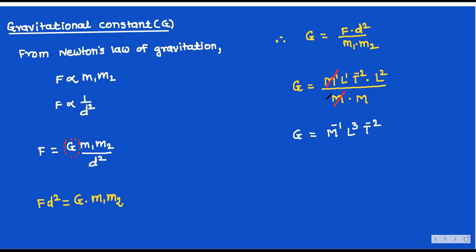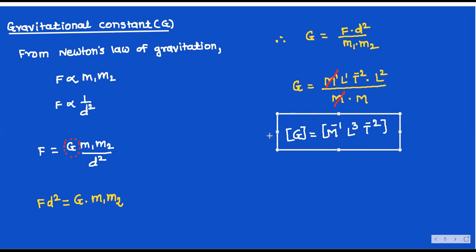Check it. -1, 3, and -2. So this is your dimensional analysis for the gravitational constant. You can keep it in a bracket.